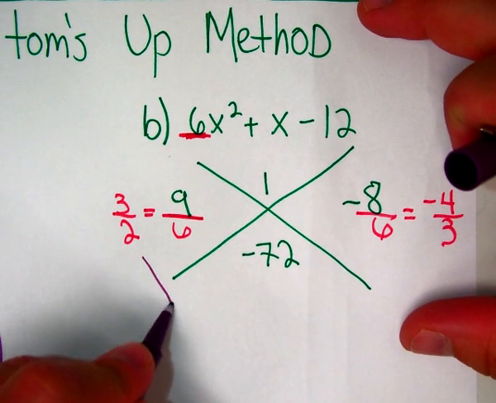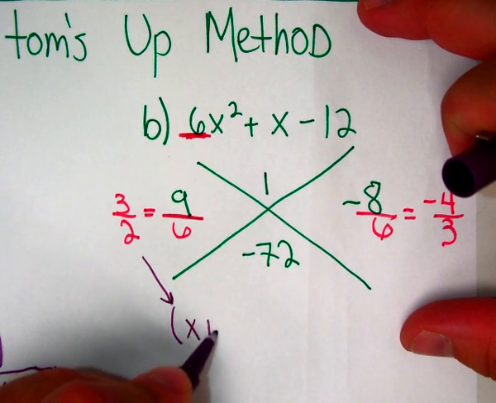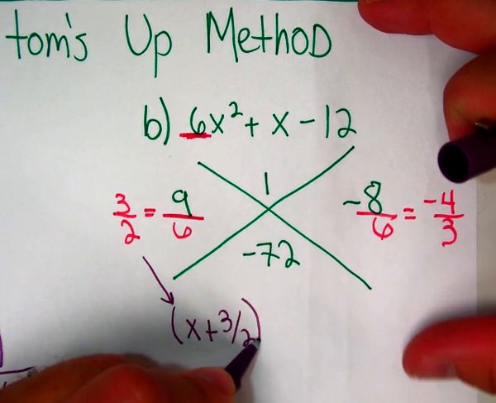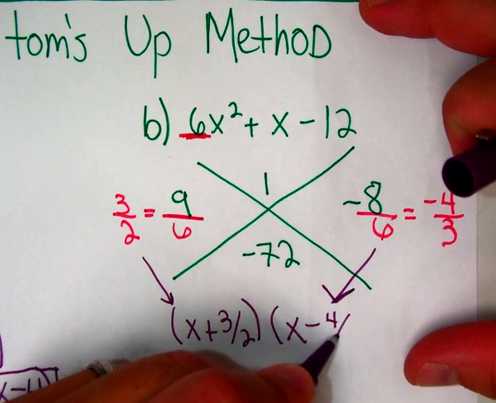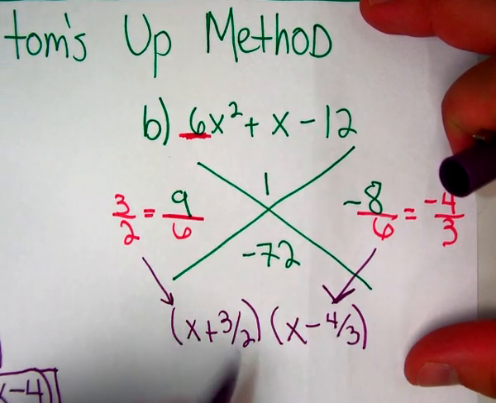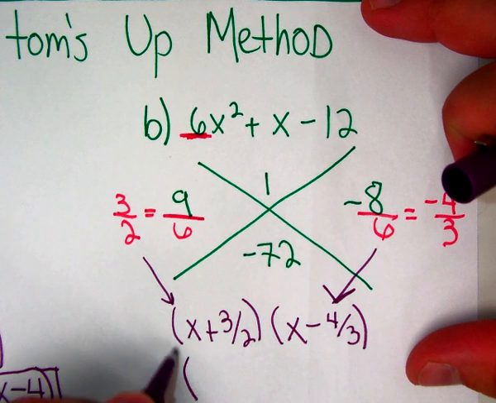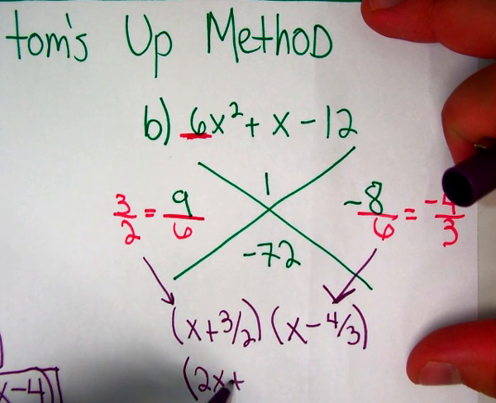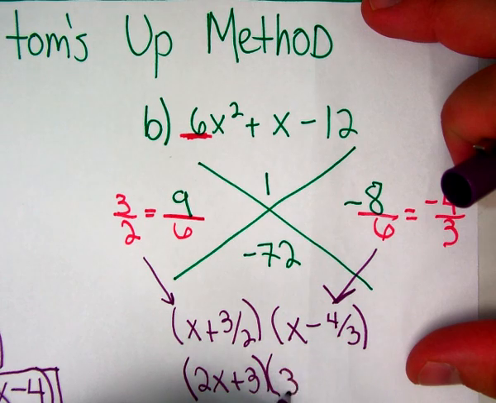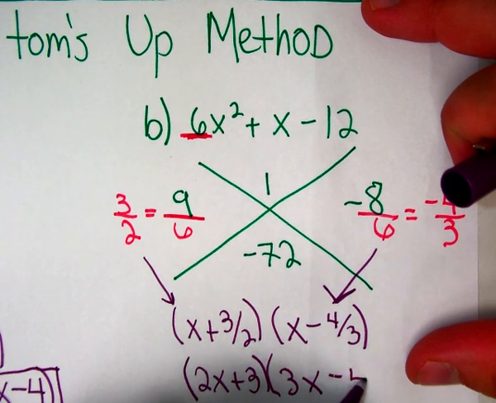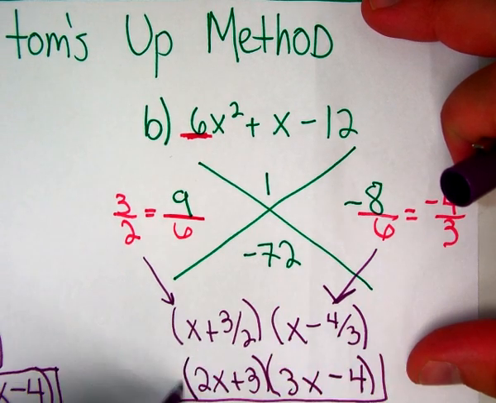My first factor is x plus 3 over 2, and the second factor is x minus 4 over 3. Now let's do the whole bottoms up thing. The 2 gets moved to the front and becomes 2x plus 3, and the 3 gets moved up to the front and becomes 3x minus 4. And this is your final answer.